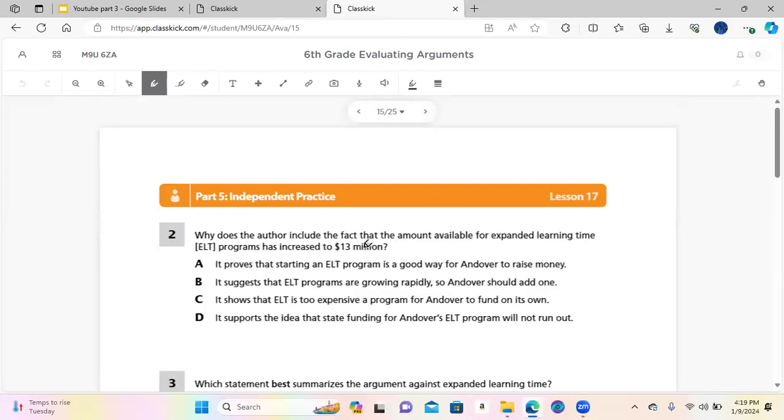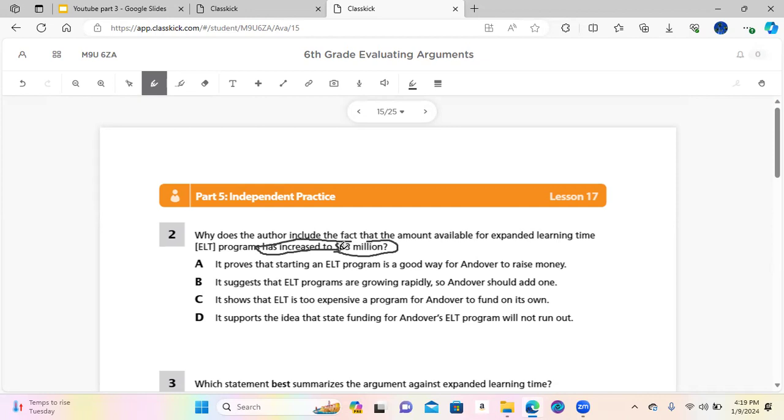So let's go to number 2. What does the author include? Why does the author include the fact that the amount available for expanded learning time ELT programs has increased to 13 million? Why did the author include that this grant increased? Okay, let's look at the options, and remember we're using a process of elimination to figure out our answer.